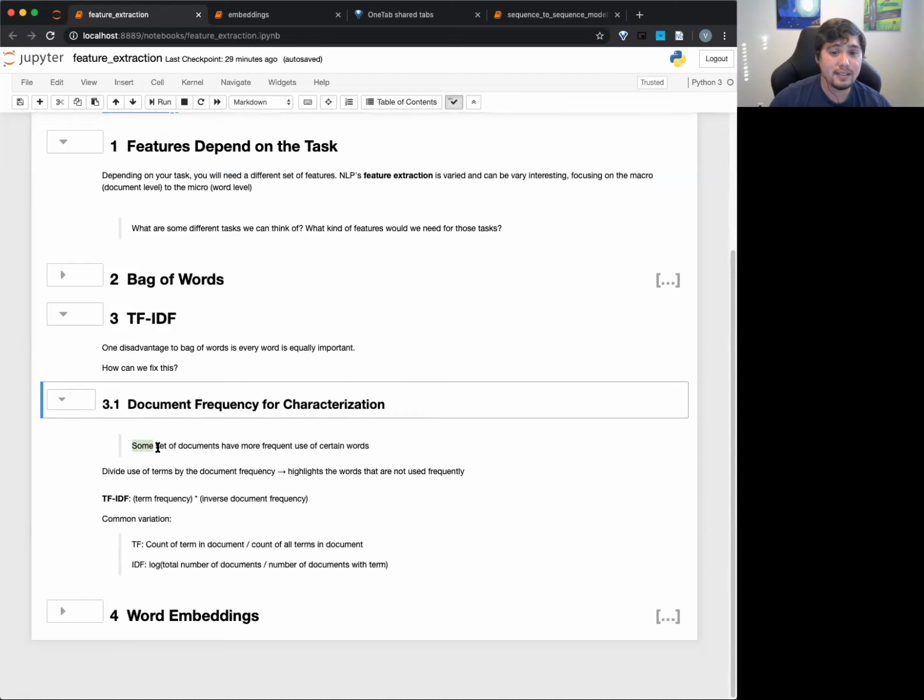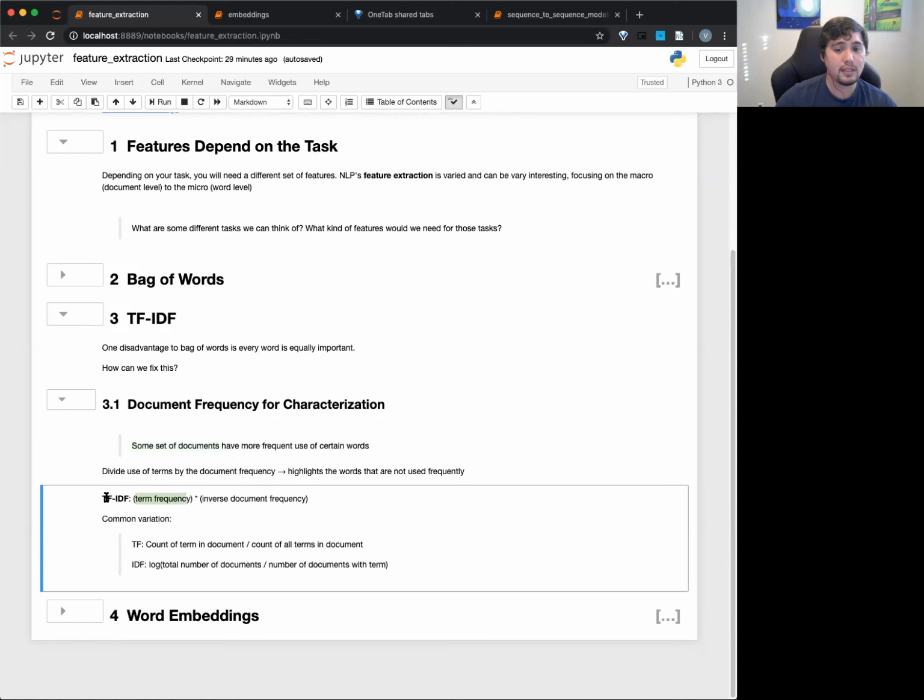You can think of it as some sets of documents having more frequent use of certain words, like I said, God in the New Testament versus Moby Dick, right? So the idea here is that we're going to take two different parts: the term frequency, which is what TF stands for, and the inverse document frequency.